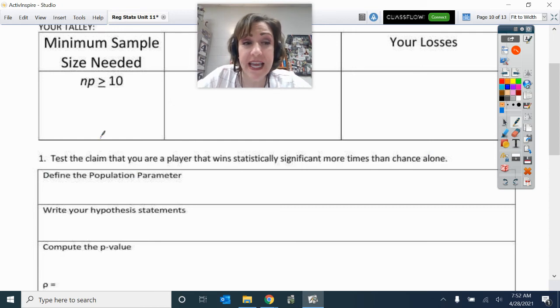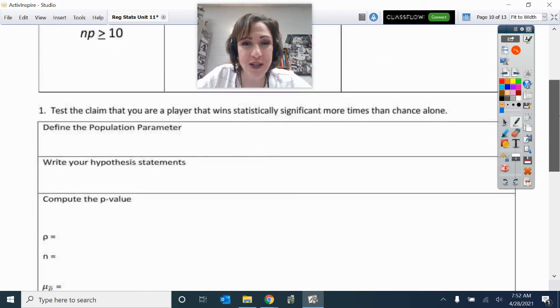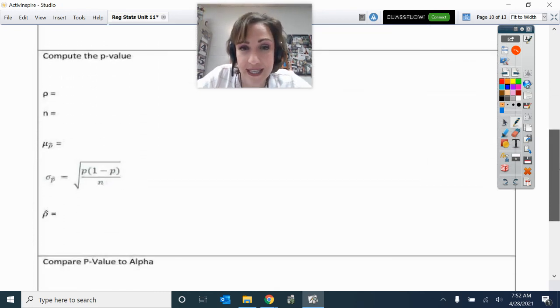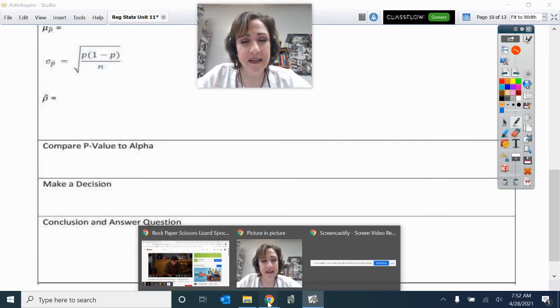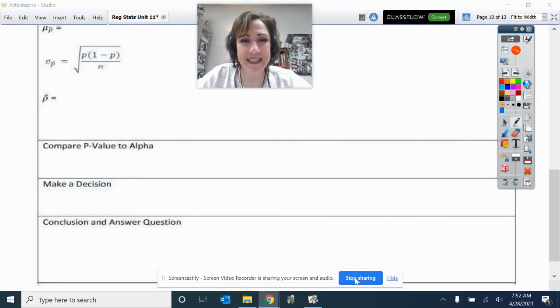So we're going to see, do you win significantly more than just half or a third, whoever you're playing against, or is it just sampling variability? We want to know, are you a real statistically significant winner? Okay, so have fun playing rock, paper, scissors, lizard, Spock, and run a test to see if you are a winner.